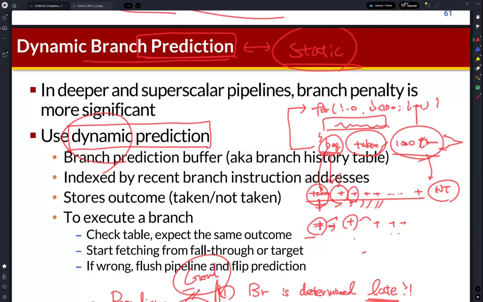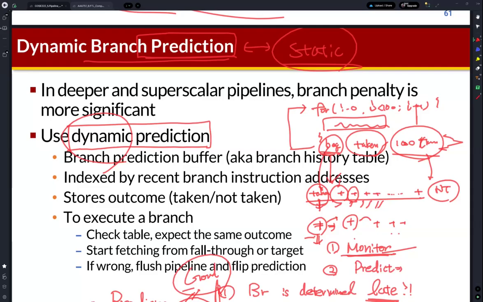So what is required? We need to monitor the event of a branch instruction, which is the result of a branch instruction. This is the previous event, and based on the monitored branch event, we can predict.